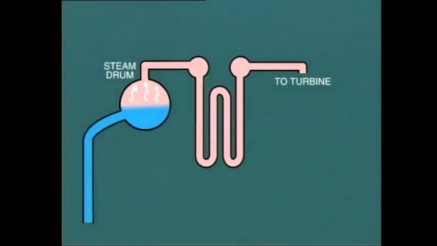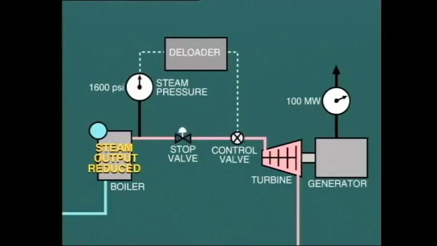The danger is that with falling pressure, the water level in the boiler drum will rise substantially due to swell, and this in turn may lead to carryover, that is, water passing along with the steam into the turbine. To prevent this possibility, the deloading device monitors the steam pressure. If this falls below 80% of nominal, the deloader starts to close the control valves to maintain the steam pressure at 80%.